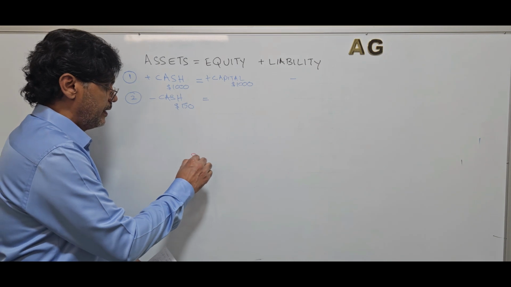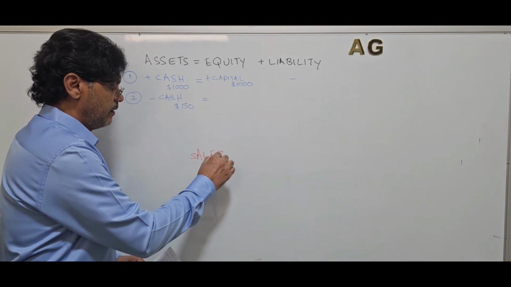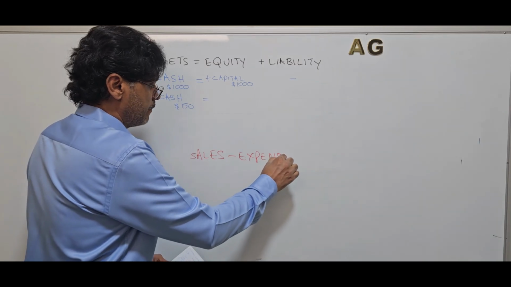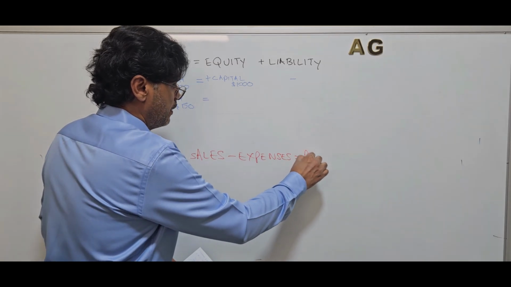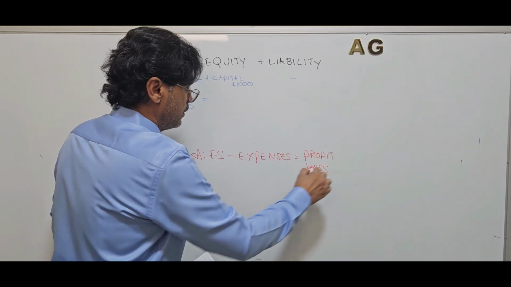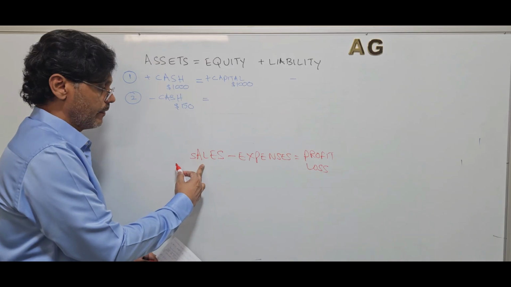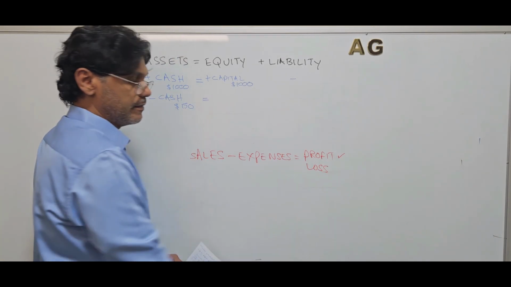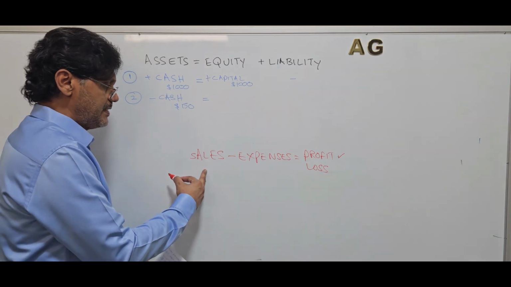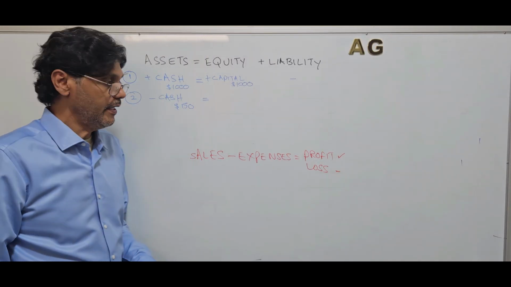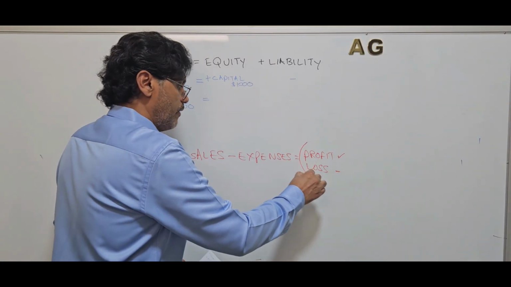When you take sales and deduct expenses, that will be either profit or loss. If your sales are more than the expenses, that will be your profit. If your sales are less than expenses, that will be a loss.